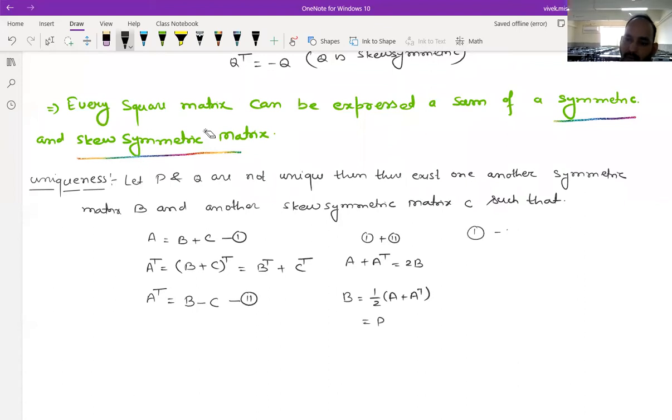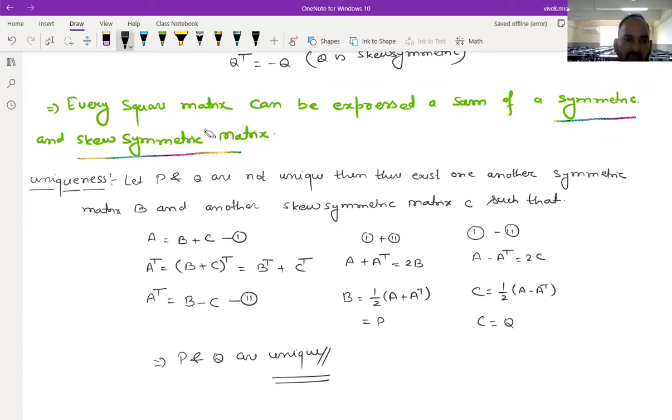And if I do 1 minus 2, then I get A minus A transpose is 2C. So C is 1 by 2 A minus A transpose. So C is Q. This implies that P and Q are unique.